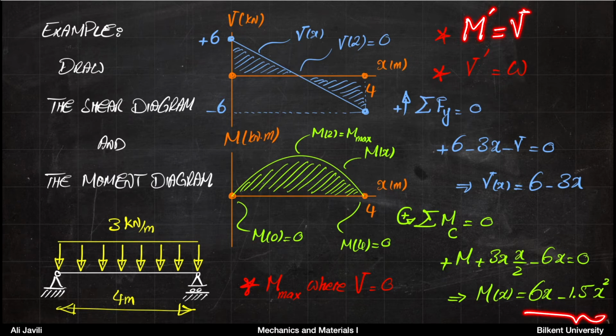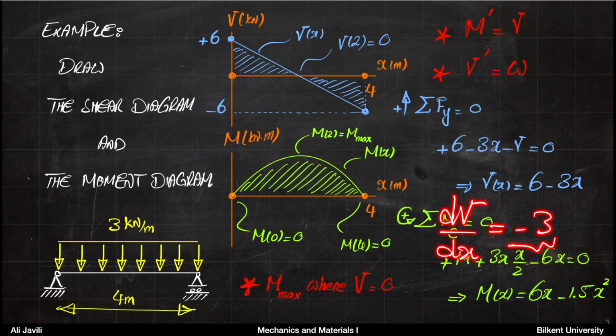So if you differentiate m with respect to x, you can see that you get V. And more interestingly, if you differentiate V with respect to x, you get -3, which happens to be our distributed load omega, or W.